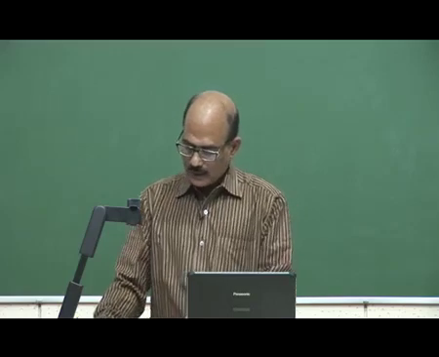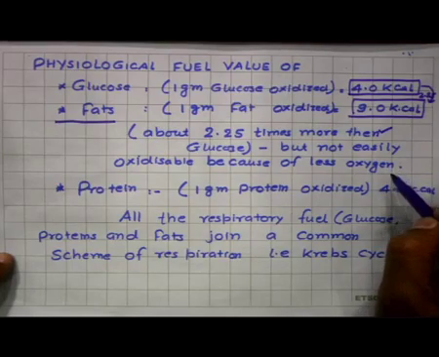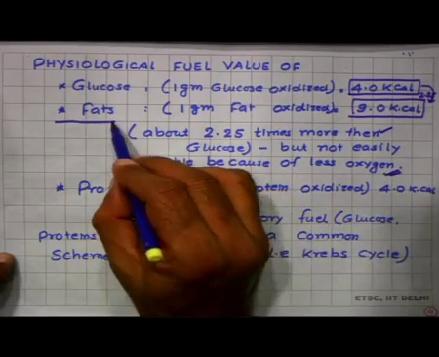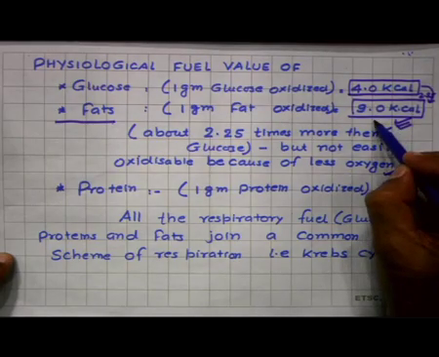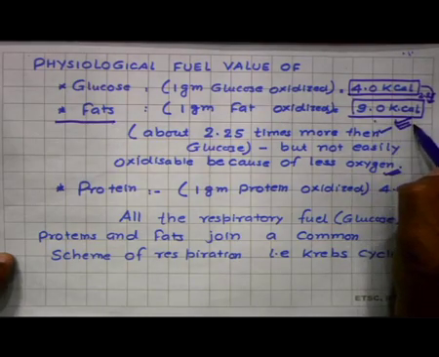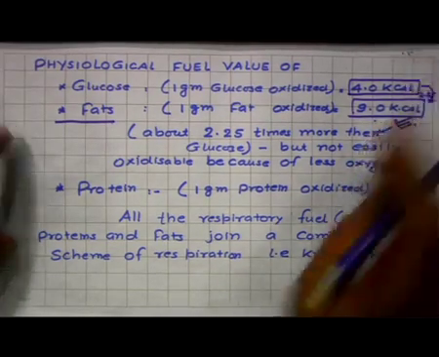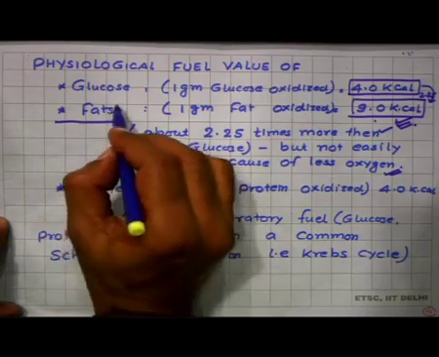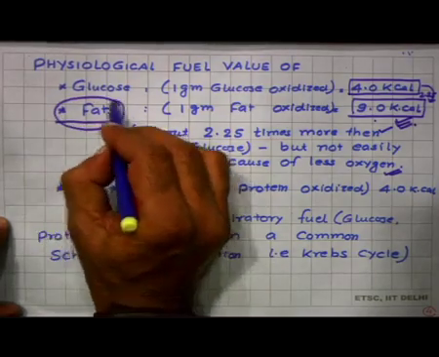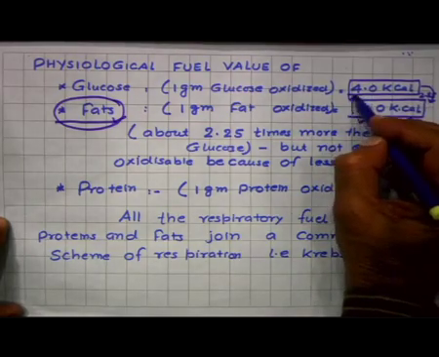So, it can't be oxidized easily when there is less oxygen. Fat gives more energy, no doubt. For the breakdown of fat it requires more oxygen. So, in the higher classes we will discuss that the camel stores fat in its hump because fat gives more energy in comparison to glucose.